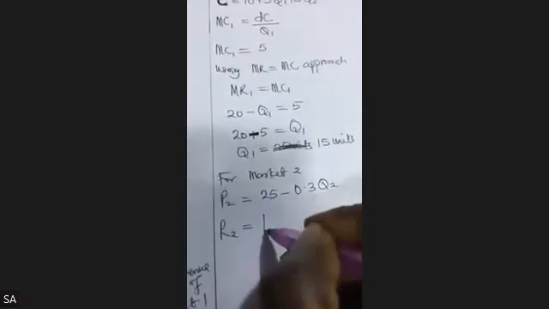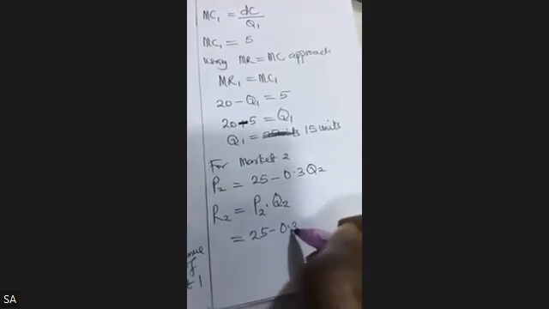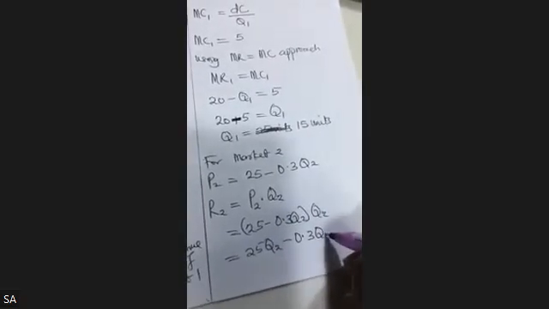We recall the revenue. Revenue for market 2 is the price in market 2 times the quantity in market 2. So 25 minus 0.3 Q2, all times Q2, gives 25 Q2 minus 0.3 Q2 squared. This is the total revenue function for market 2.